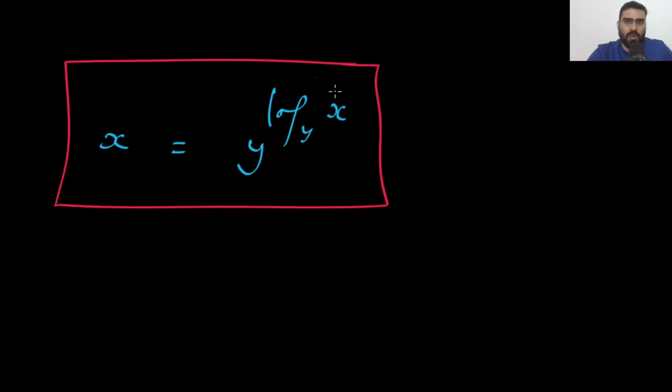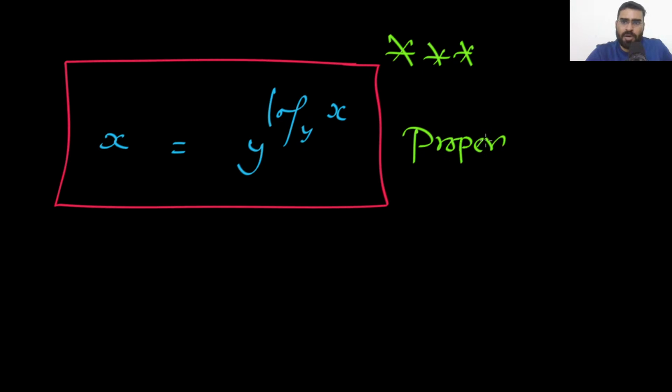There is a property of logarithm that if you have x, you can write it as y power log base y of x. Do you remember this property? It is a very important and very useful property of logarithm.